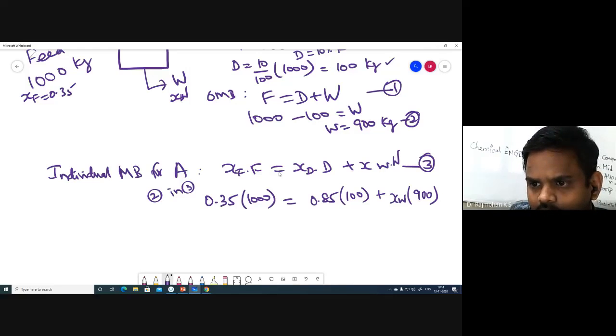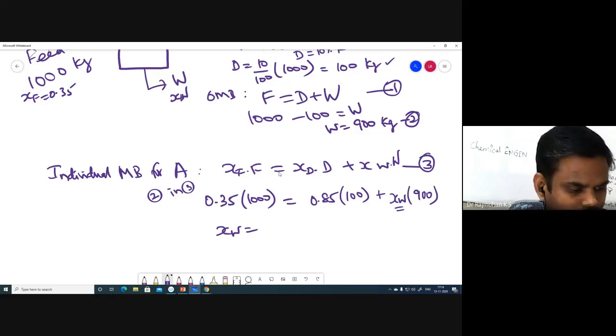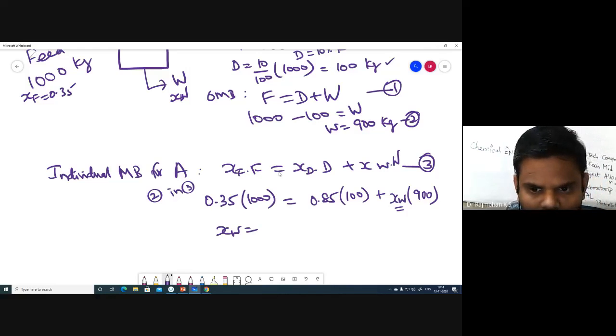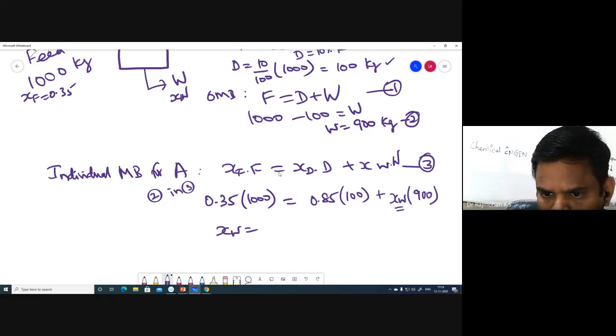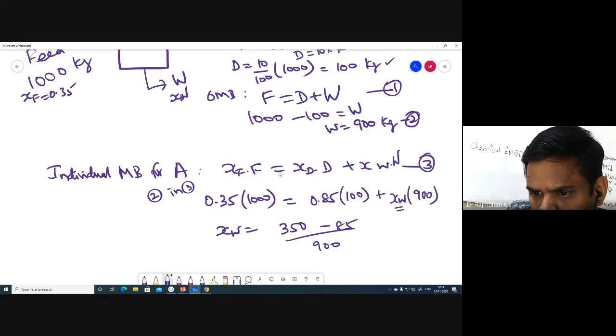From 2 in 3 we get the W value is 900. Okay, so the only unknown parameter is the XW value, so we will get what is XW. XW value, please determine. 350 minus 85 divided by 900.